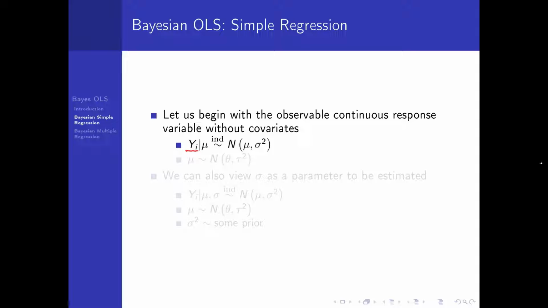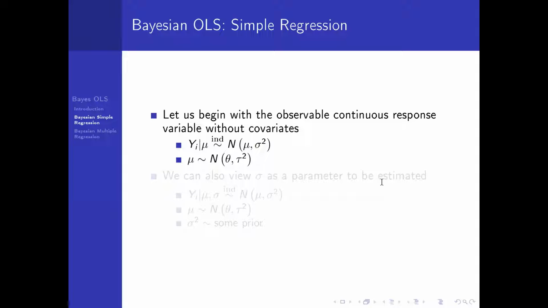And here, we assume all these random variables, drawn from different individuals, are independent, identically distributed, and follow this normal distribution, and they share the same mean, mu, and same variance, sigma square. So mu here is something to be estimated, without any covariates. And in this case, let's assume sigma square is given or fixed.